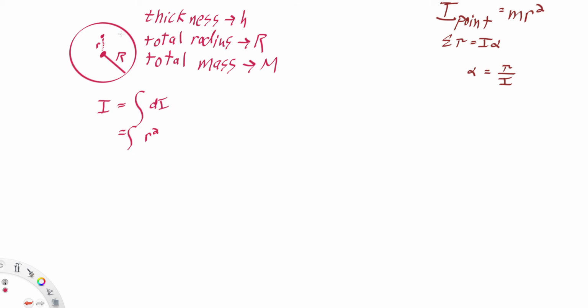So the moment of inertia of each little bitty piece is going to be equal to the square of its radius from the center of rotation times however much mass is in that itty bitty piece. So how do we know how much mass is in that itty bitty piece? Anybody have an idea?